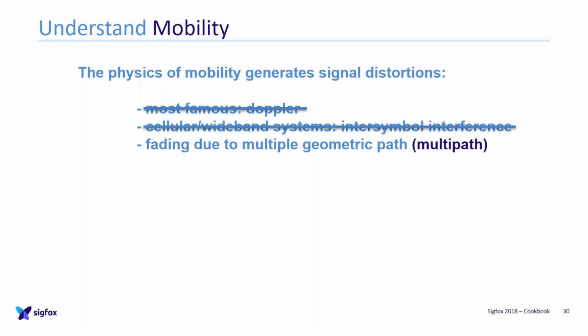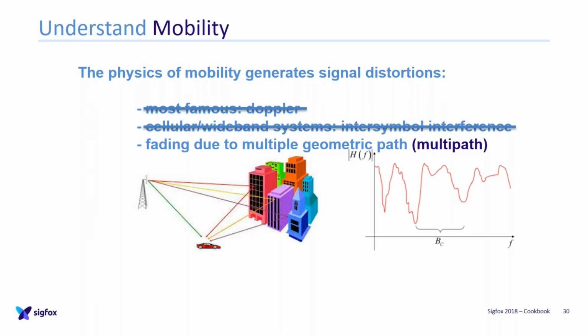Now, what effect of physics is really visible on Sigfox signals in mobility is fading, due to pure geometry, the recombination of the multiple geometric paths. When your object is moving, the radio wave it generates propagates in various directions, bounces on obstacles and generates reflected and diffracted waves that, in the end, recombine at some point in space where a base station is located.